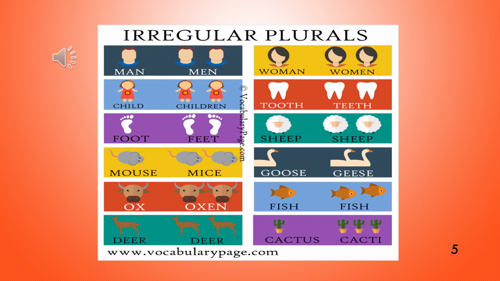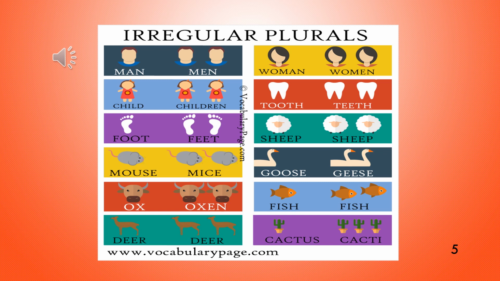Now, do you notice that there are 3 of the words that are the same in singular and plural? Do you have the answer? Which are the 3 words that are the same in singular and plural?